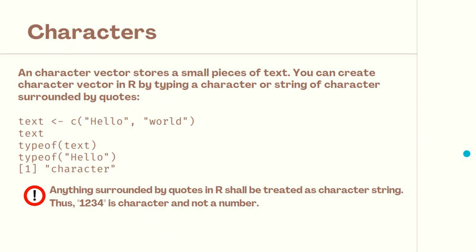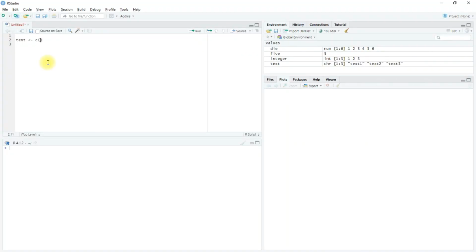You can create a character vector in R by typing a character or a string of characters surrounded by quotes. So for example, if I want to create a character vector, then I would write all the string of words between the quotes, "Hello world".